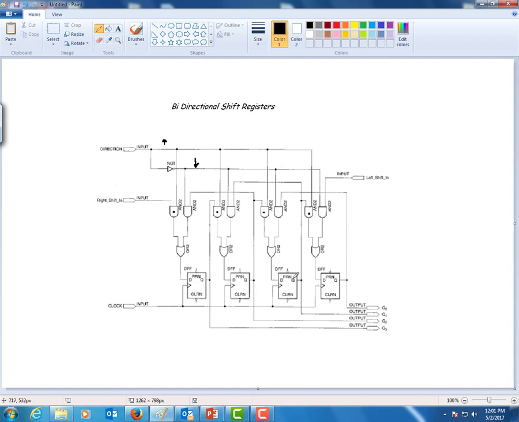This flip-flop here, the output is going to go right up here, come down, and go in this AND gate, which is enabled, right? The output is going to go through this OR gate and into the D input. All right? Now, which way is it shifting? It's shifting this way, isn't it? So when the direction input is high, this is shifting to the right, isn't it?